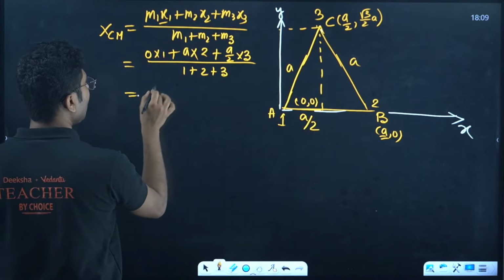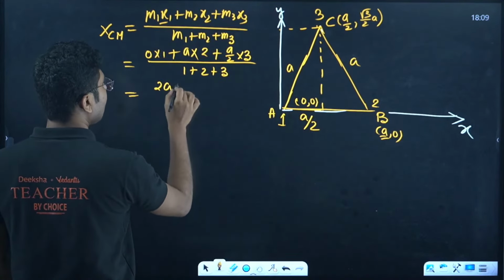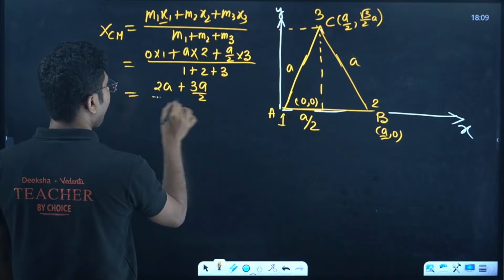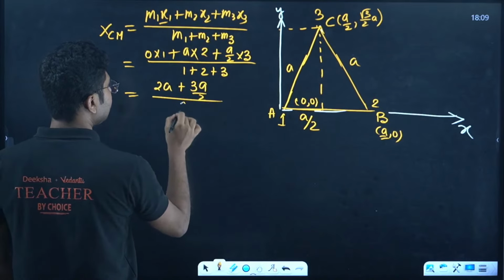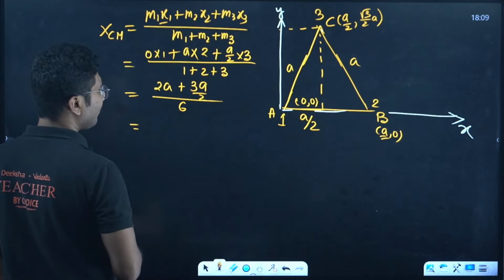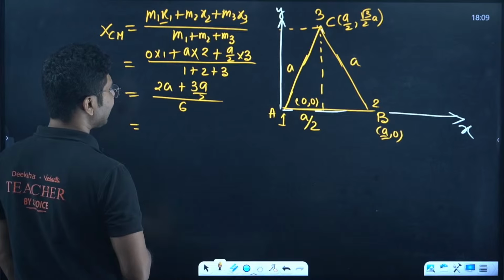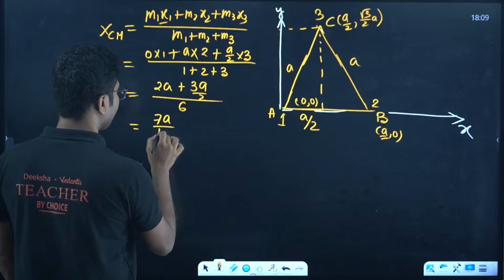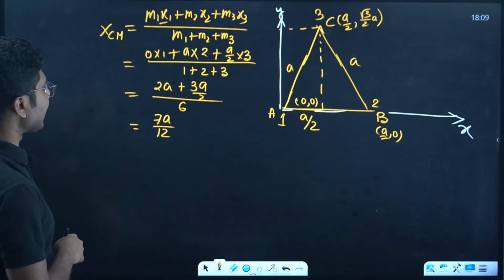So it will be 2A plus 3A by 2, by 6. So it will be 4A plus 3A, that is 7A by 12. 7A by 12 is XCM.